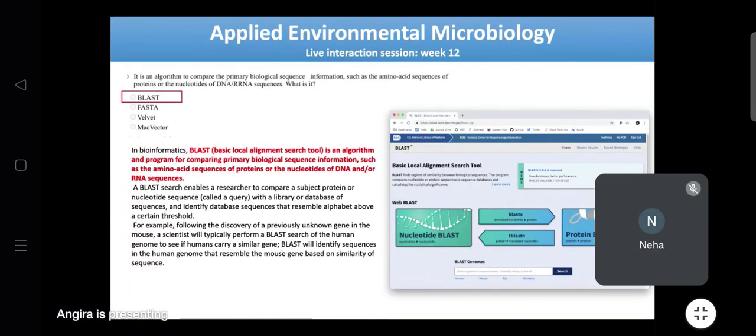When you do a BLAST search, you can compare a subject protein or nucleotide sequence, known as the query sequence, with a library or database of sequences, and therefore identify how much resemblance or match there is between your sequence and the sequences already present in the data. This is how the discovery of a previously unknown gene inside a mouse was done, and if you see such similarity, you can draw the resemblance depending on the phylogenetic tree.